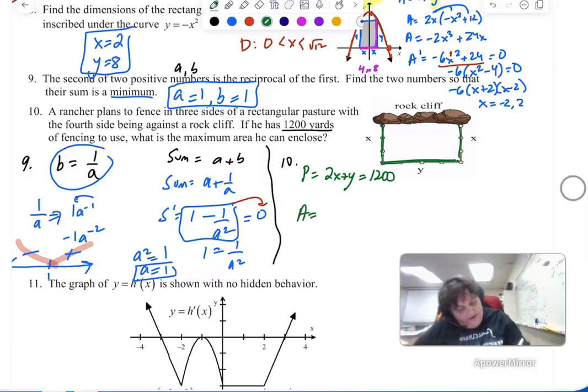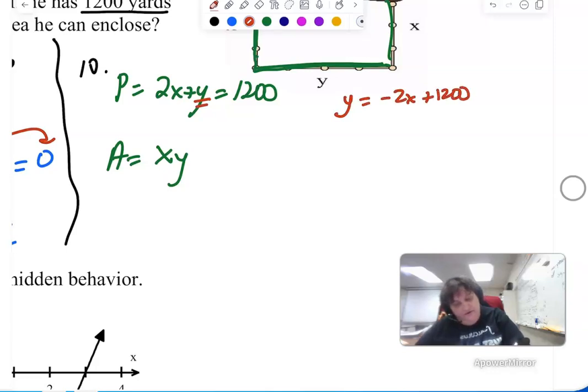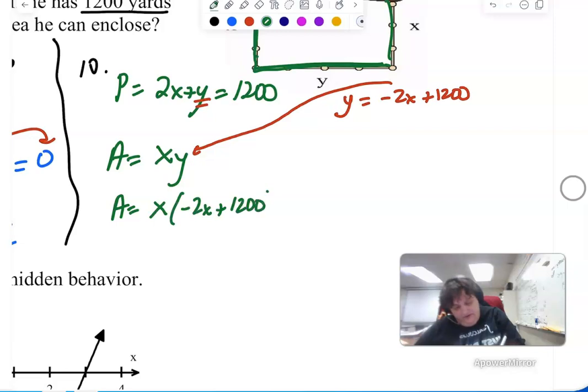Well, my area is just base times height, but that's in 2 different variables. I'm going to go ahead and solve for y. Y is negative 2x plus 1,200. I'm going to plug that in there. So my area is x times negative 2x plus 1,200.